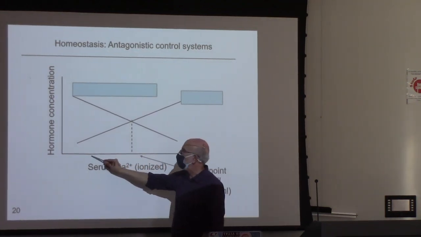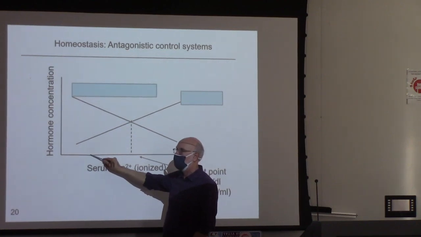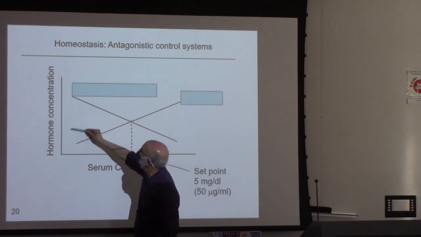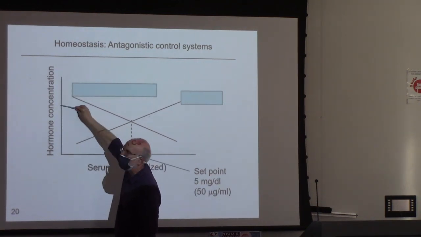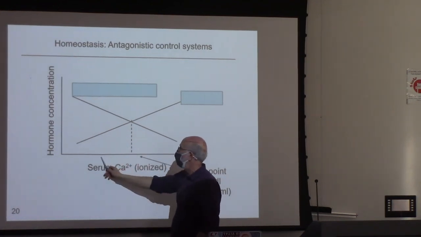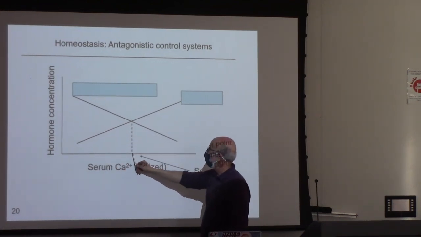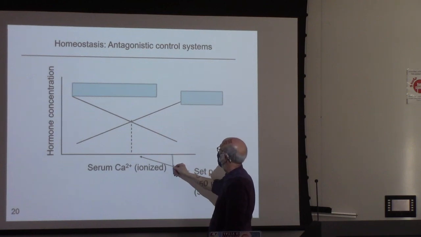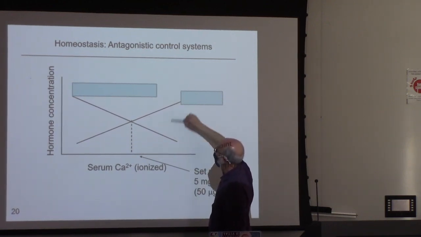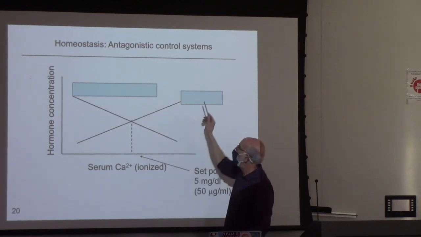If the serum calcium goes too low, what hormone is released? What hormone concentration goes up if the serum calcium goes too low? Or similarly, if the serum calcium goes too high, what hormone gets released and what hormone doesn't? So what goes in this box?